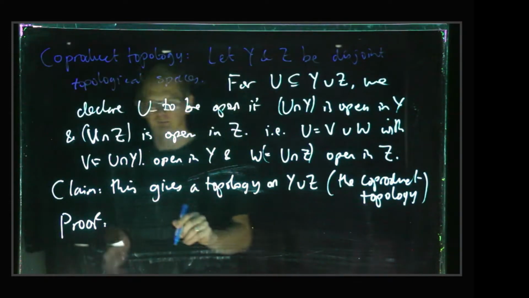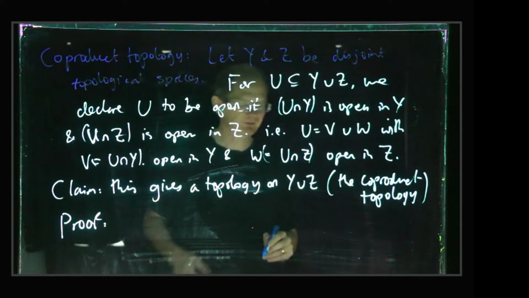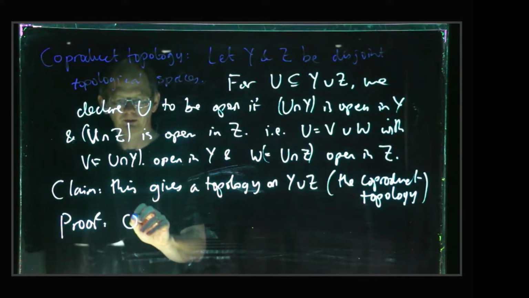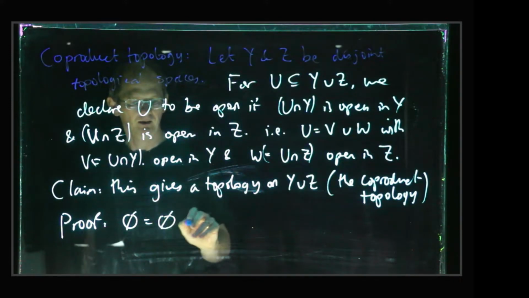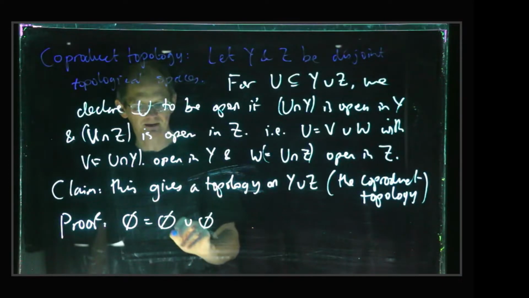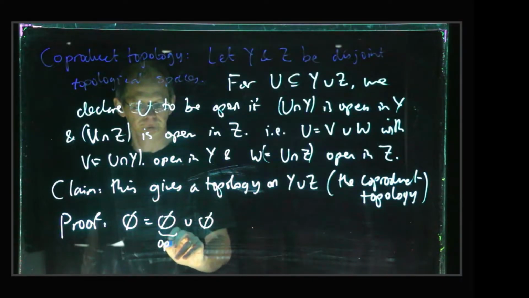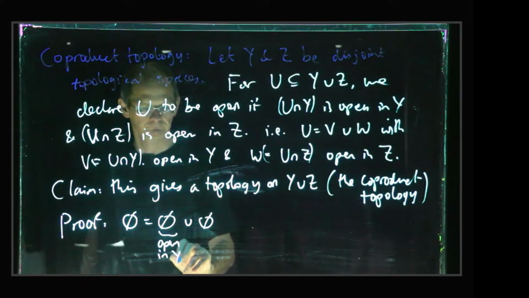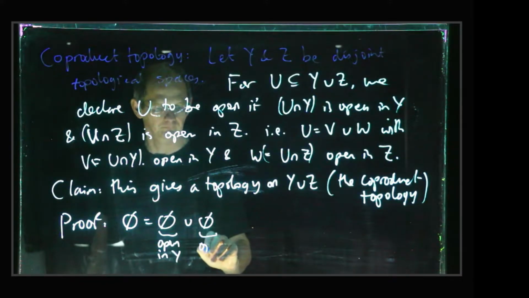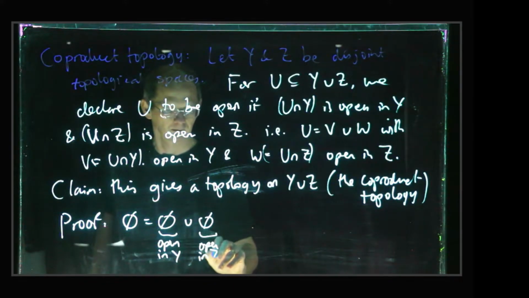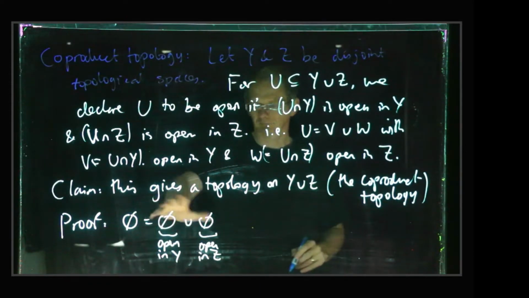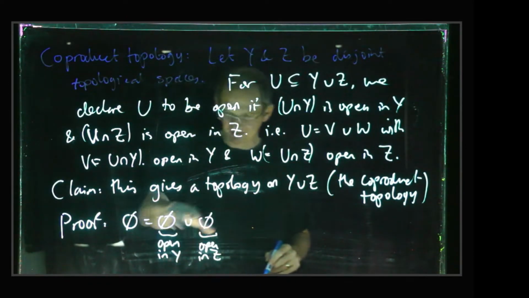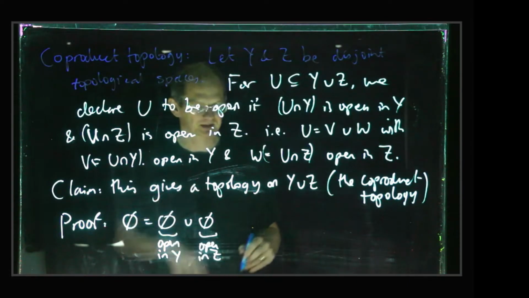Well, firstly, we should prove that the empty set and the whole space are both open. Well, the empty set is the empty set union the empty set. So the empty set's open in Y, the empty set's open in Z, and the union of the empty set and the empty set is the empty set.